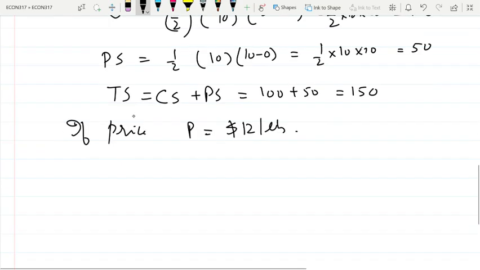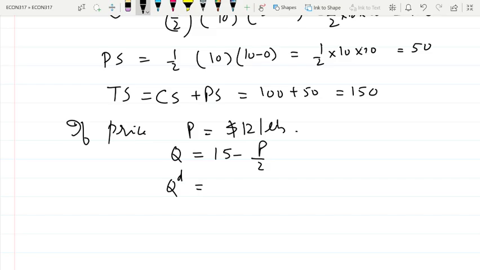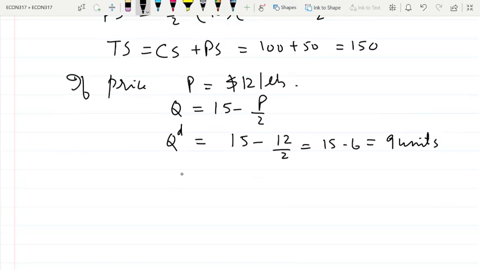If you remember, we had written the demand as Q equal to 15 minus P over 2. So quantity demanded QD is 15 minus 12 over 2, which is 15 minus 6, which is 9 pounds. Quantity supplied QS is equal to the price, 12 pounds.